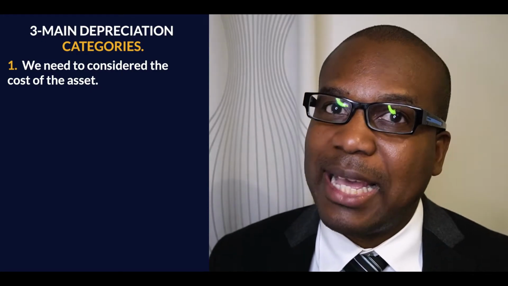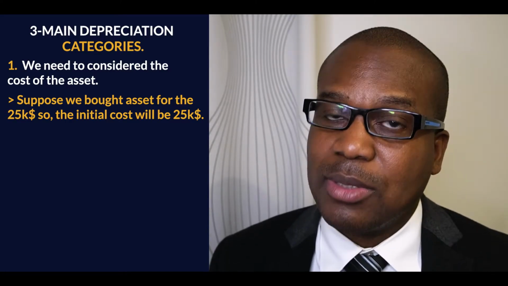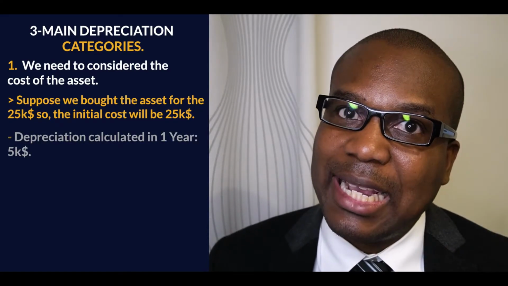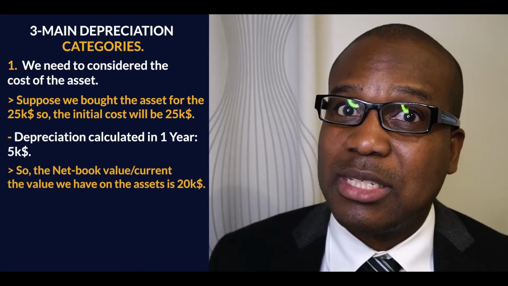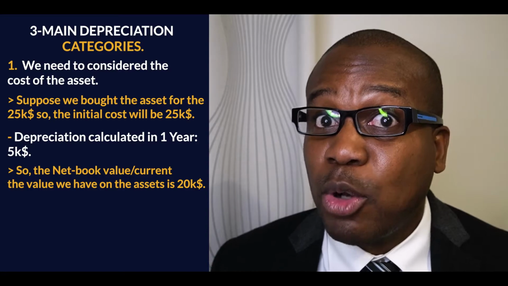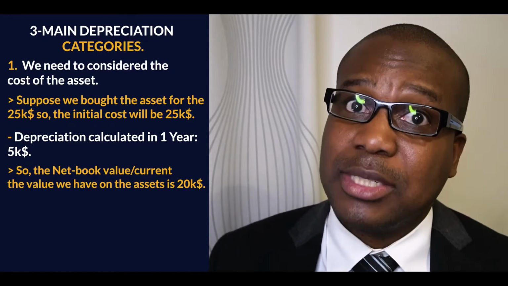Now, here we bought the asset for 25,000. So the initial cost of the asset is 25,000. Now, the depreciation, which we calculated in year one, is 5,000. So the net book value, which is the current value we have on our books of the asset, is 20,000. So that's important to us. Our current system appraises this asset at 20,000 after 1 year.